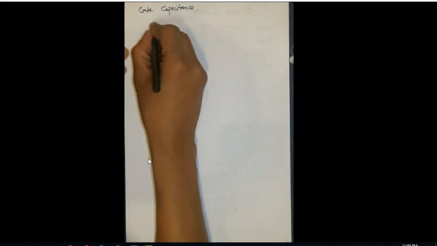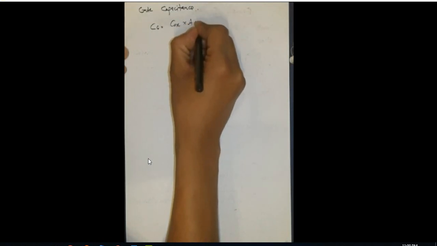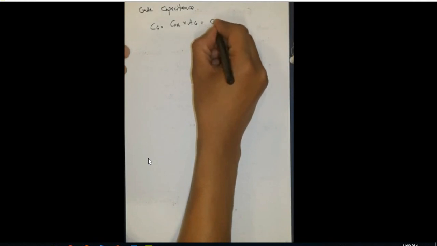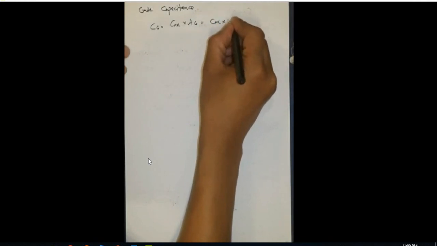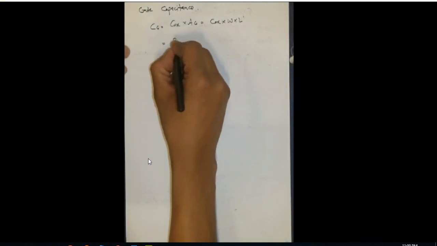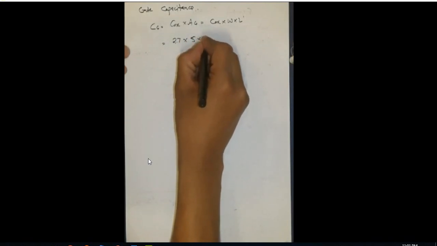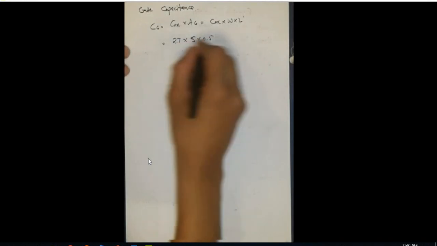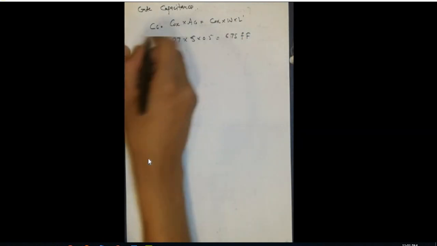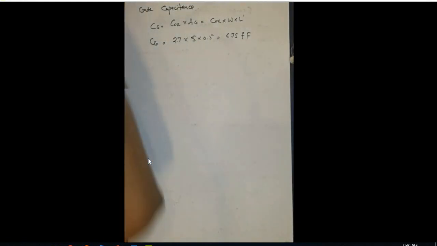Gate capacitance is given by Cg, which is equal to C oxide into area of gate, and we can say that area of gate is equal to W into L bar, and this was given by 2.7 multiplied by 5 and multiplied by 0.5. This is equal to 6.75 femtofarad. So your gate capacitance is given by 6.75 femtofarad.